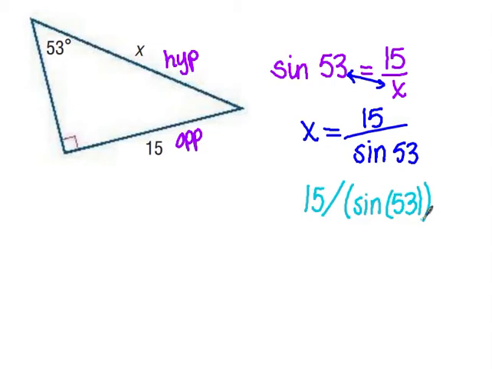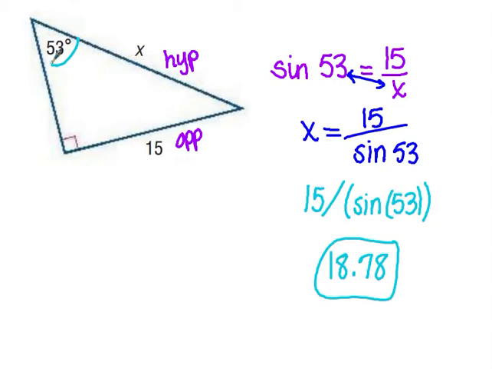What'd you get? 18.78. Does that make sense that that side should be bigger than the 15? Yes, because it's the hypotenuse and it is the biggest. How'd you know that? Because sine of 53, this angle, equals your opposite side divided by your hypotenuse.